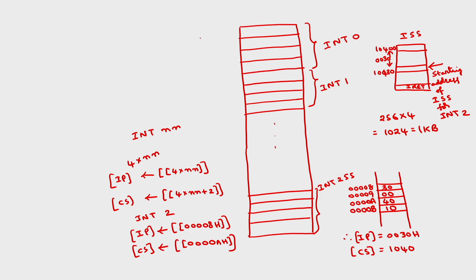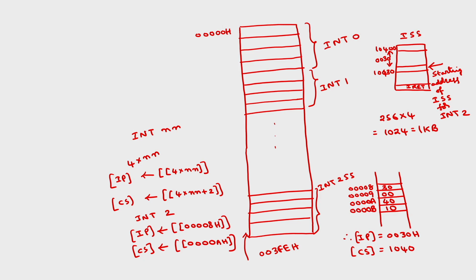So if this address is, for example, 00000H, then the last address will be 003FEH, because as I have told in the earlier classes, 1K means a total of 3FF locations starting with 0, so it will go up to 03FEH.